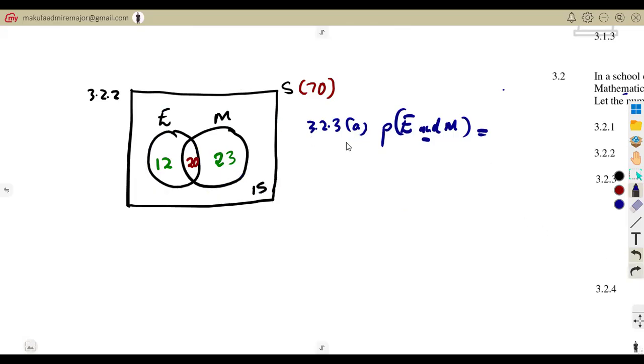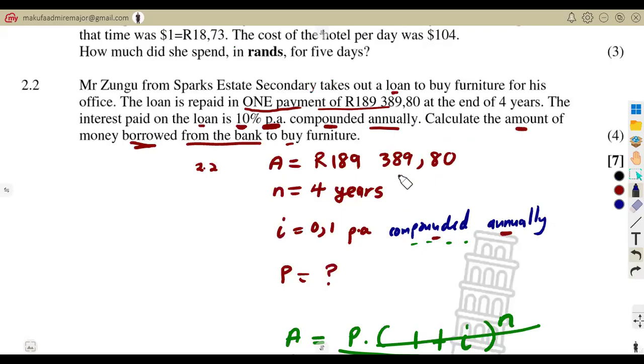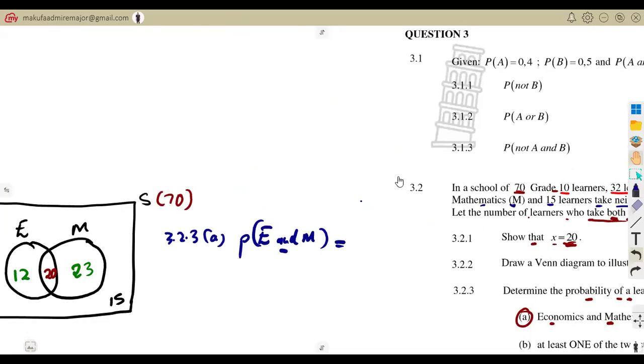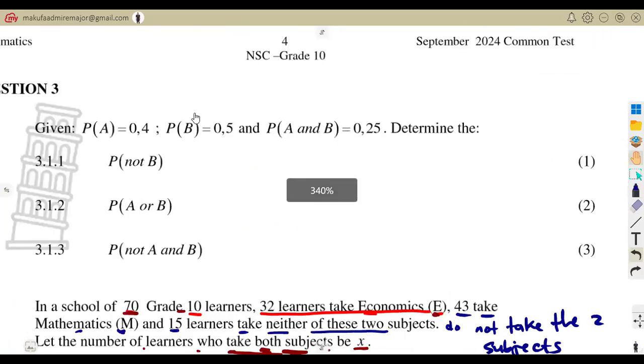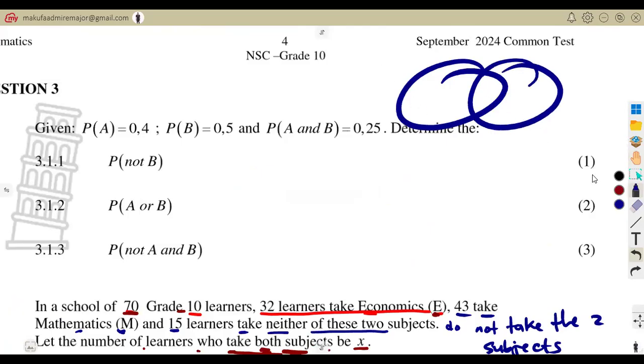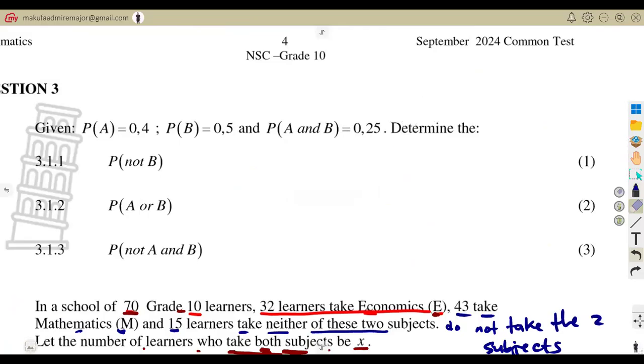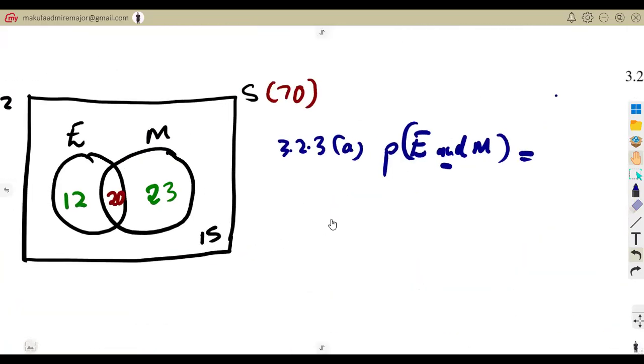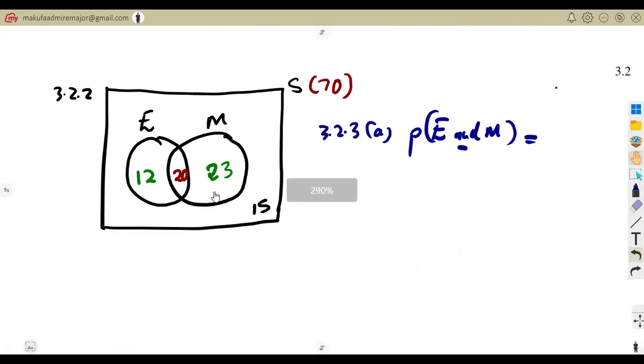In the previous case, you were given probabilities. They can still be presented on a Venn diagram, knowing that the probability of the sample space adds up to 1. But here we are talking about the numbers. We have to calculate it from the numbers.